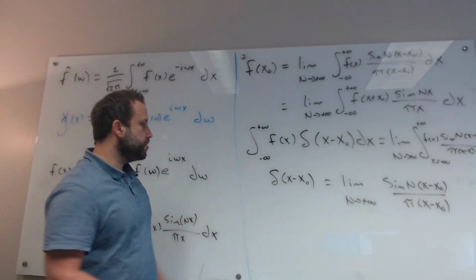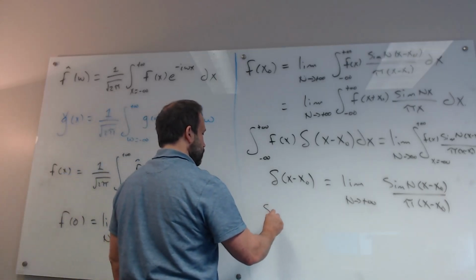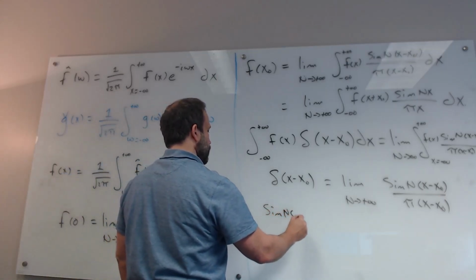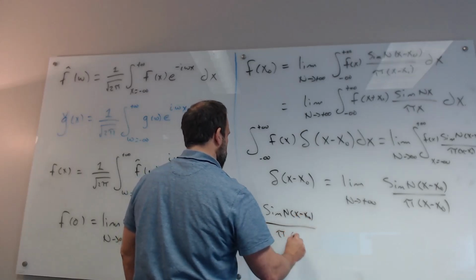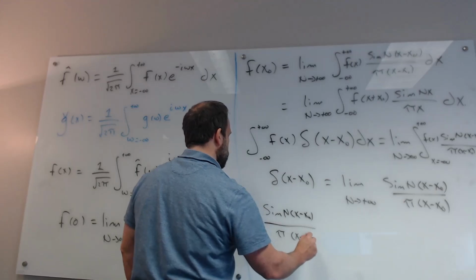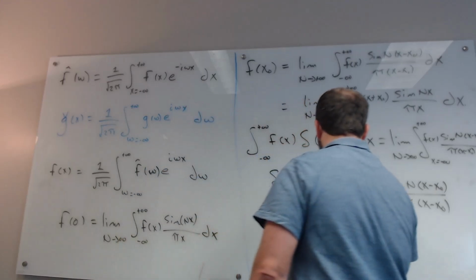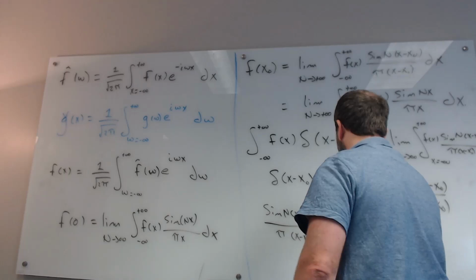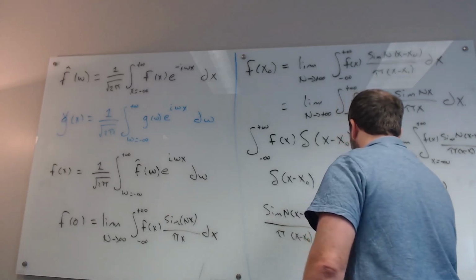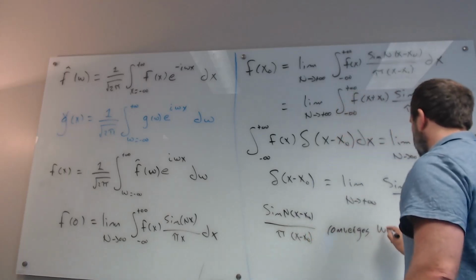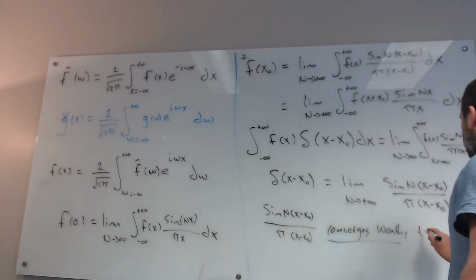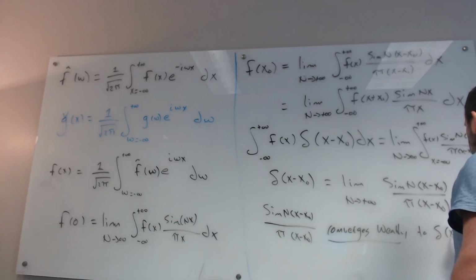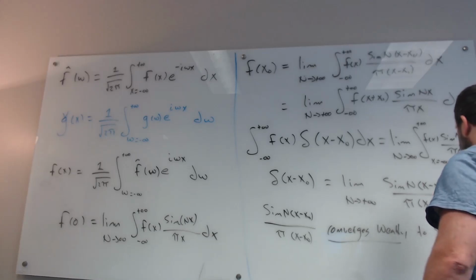And so when we do that, we say that sine of n times (x minus x naught) over pi times (x minus x naught) converges weakly to delta of x minus x naught.